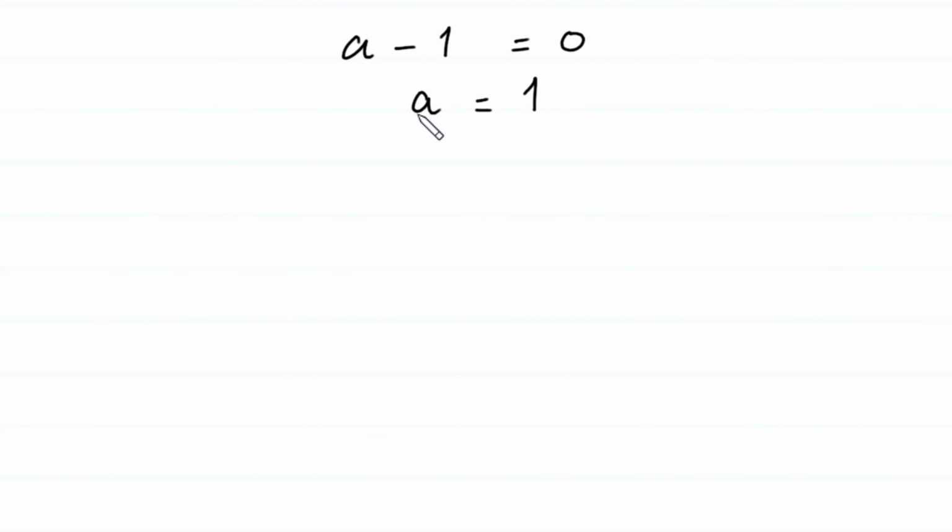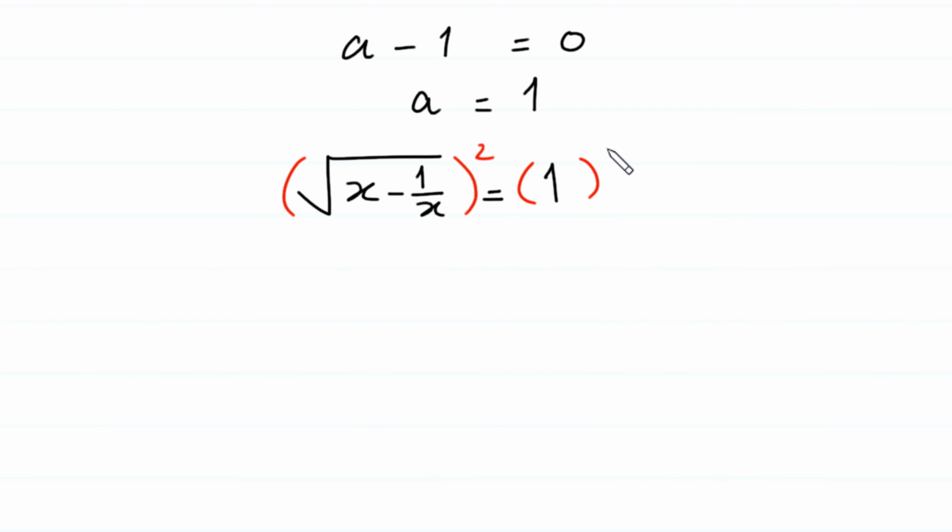So we replace this a, the square root of x minus 1 over x is equal to 1, and we take a square of both sides. This square will be cancelled with this square root, and here left x minus 1 over x is equal to square of 1, which is 1.